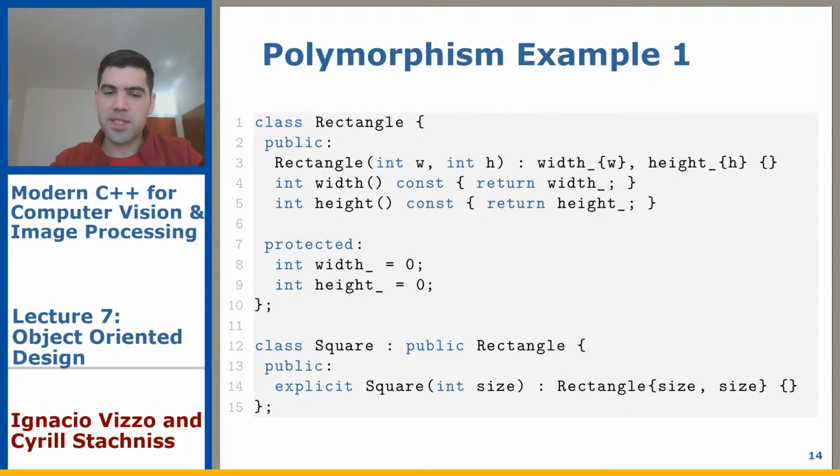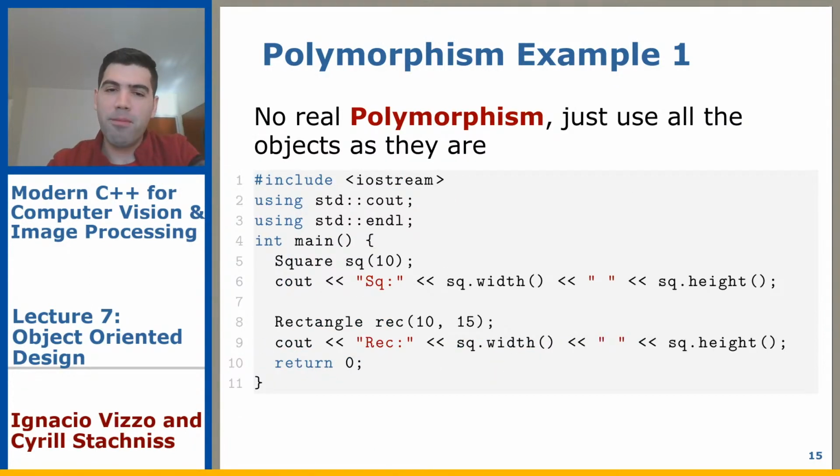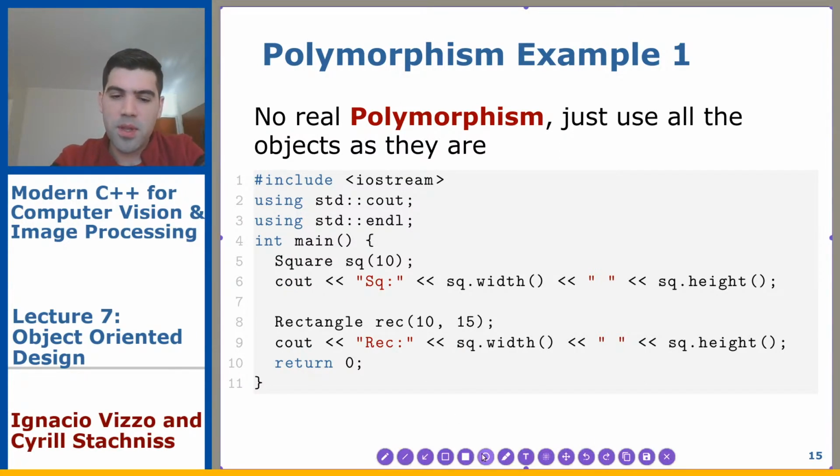Let's start with a simple example, and then again we have this class rectangle with the same two data members. And for example, we have a class square that we already saw. We just override the constructor and use only one parameter, right? So there's no real polymorphism in this example because if you want to use these two types, you have a square and a rectangle.